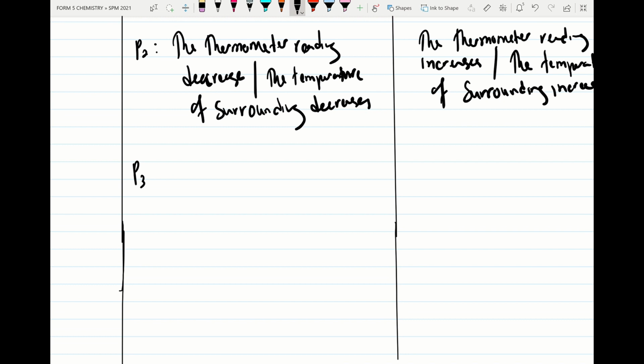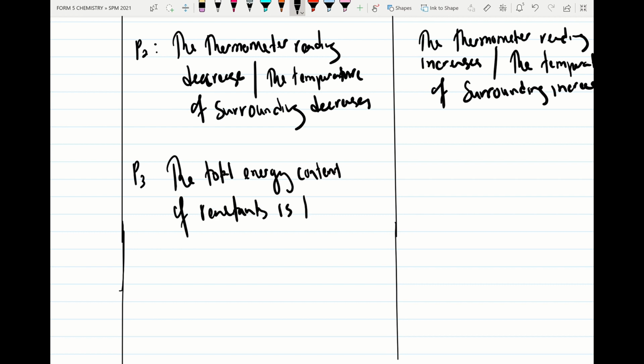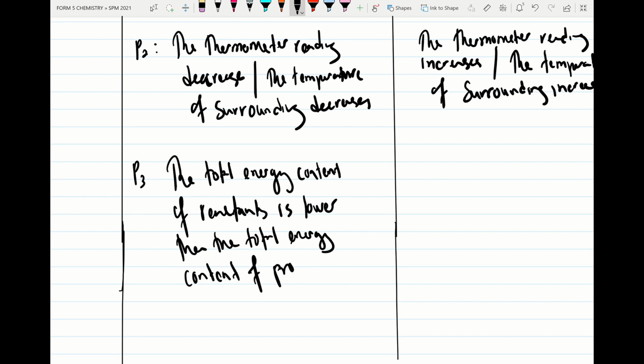All right, point number three, we have to deduce information based on the total energy content of reactant and also total energy content of the product. So here I put the total energy content of reactant is lower than the total energy content of products.